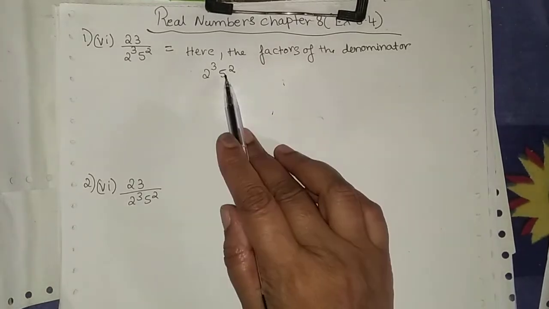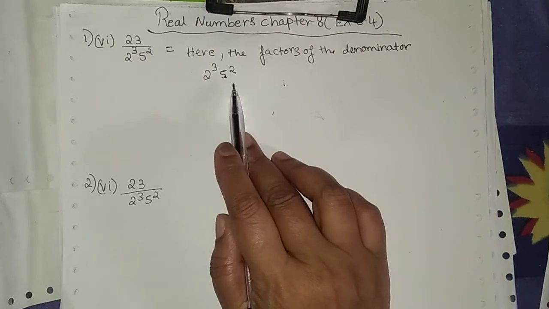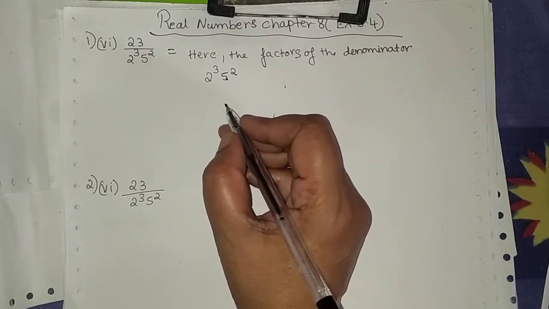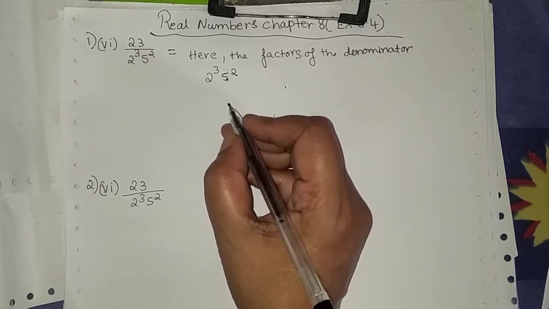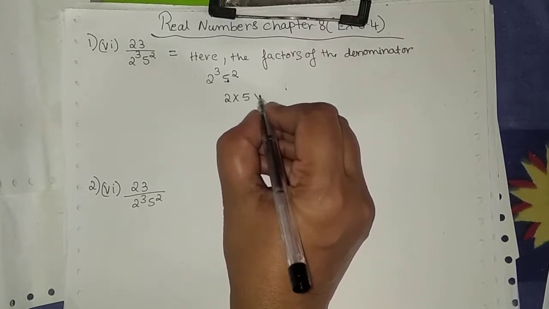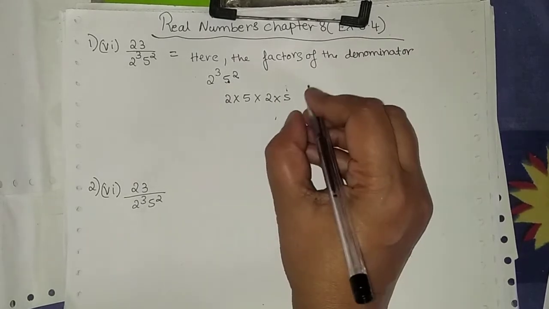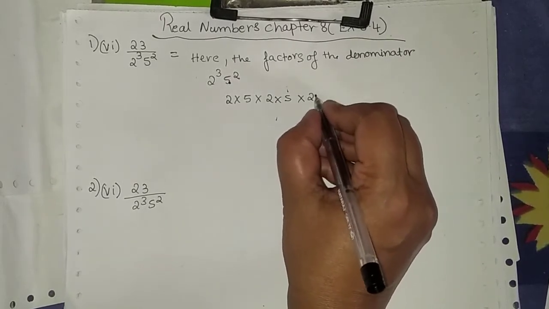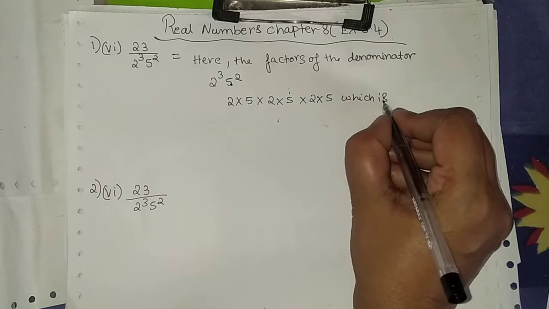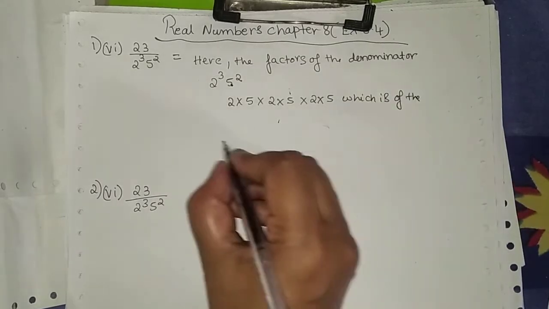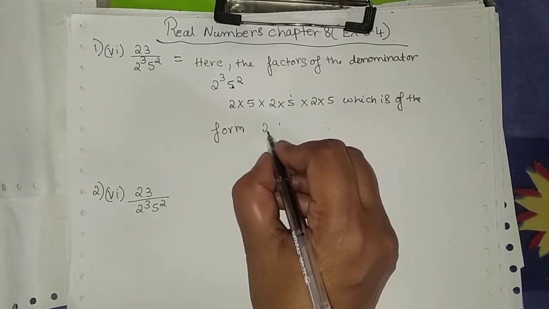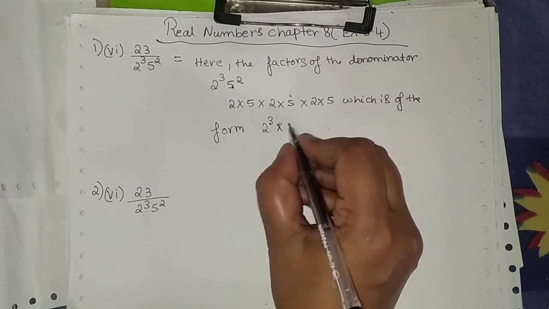Here the factors of the denominators are 2 cube and 5 square. So we have to write this one in the form 2 into 5 into 2 into 5, again 2 into 5, which is of the form 2 cube into 5 square.